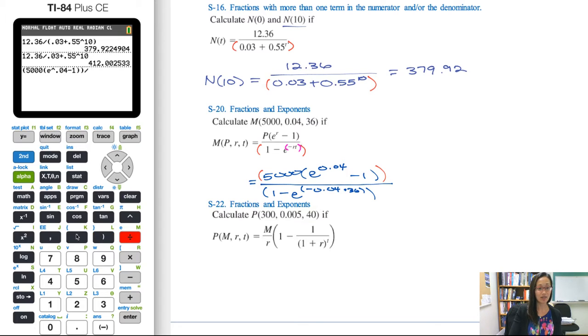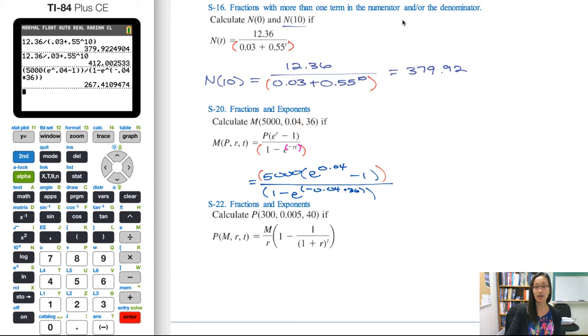Okay, divide it by 1 minus second e raised to the, okay, parentheses around the exponent, negative 0.04 times 36. And again, I have 2 open parentheses in the denominator, so I've got to make sure I put 2 closing parentheses in the denominator.